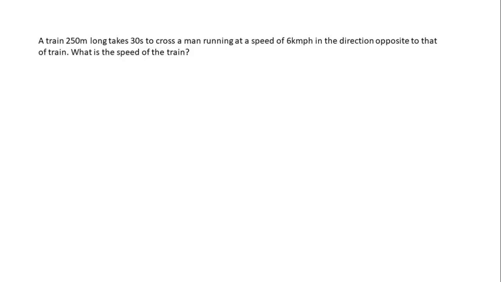Very simple. What is given here is that the train is going in the direction opposite to the man. The train is 250 meters long. Train வந்து 250 மீட்டர்ல இருக்கு.